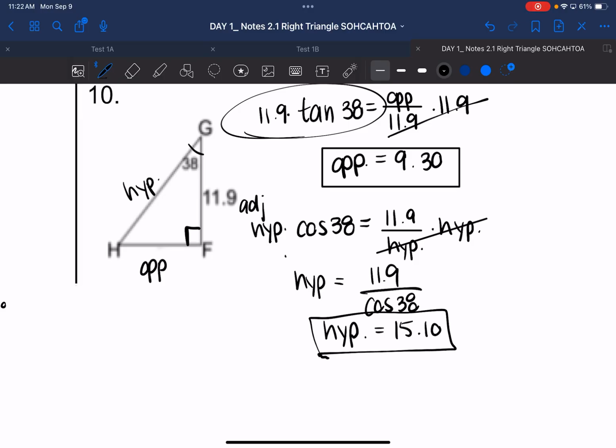Okay. All right, and then lastly, I could use sine, cosine, or tangent to find angle H, but I also could just subtract from 180 or 90, right? So 90 minus 38 is going to tell us angle H must be nice. Good job.